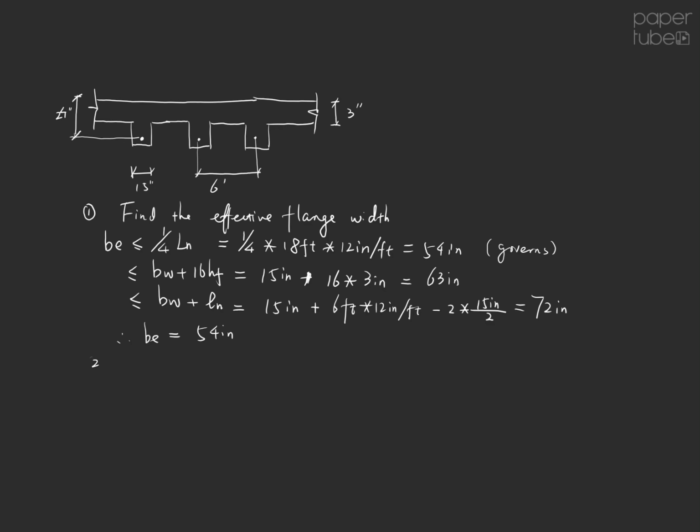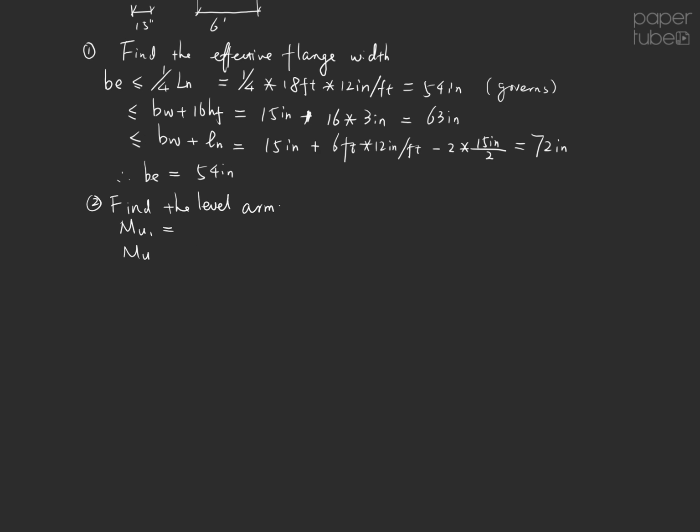With that, now we can find the lever arm. Before we do that, we first find out what is the moment that we need to take care of. 1.2 dead load plus 1.6 live load. The second equation is 1.4 dead load.